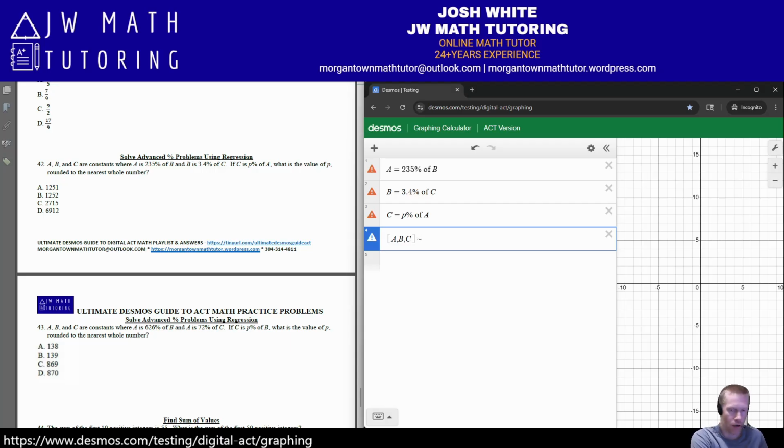All right, now on my right sides, I've got 235% of B, 3.4% of C for the second one, and P% of A. Now, notice it's not working. It's giving me all these triangles because of these up here. As soon as I delete these three things, then it will work.